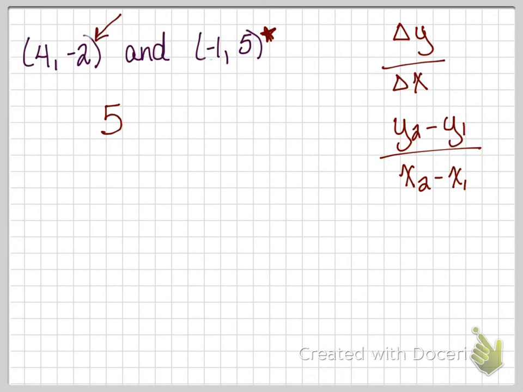So I've got 5 minus -2. Then I've got my -1. So I have -1 minus 4. What is 5 minus -2? It's positive 7. Good.